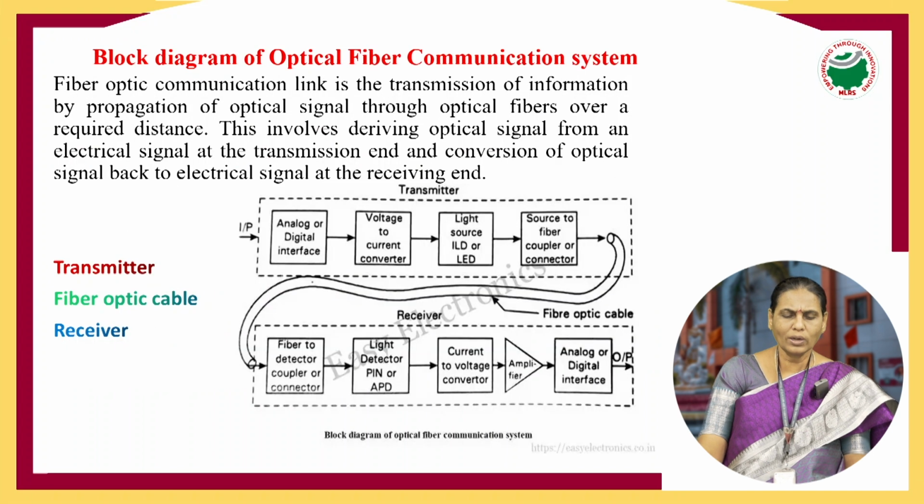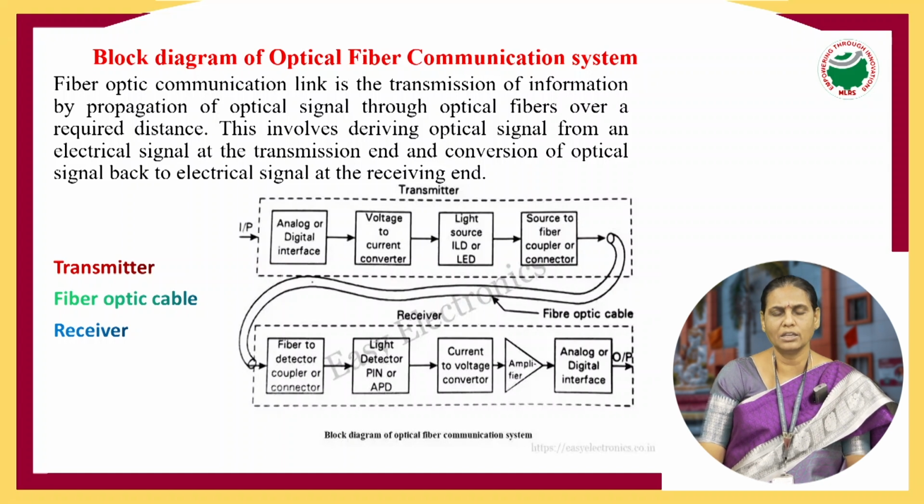Okay, next we have the last one. The last thing is, what is the block diagram of an optical communication system? That is nothing but how an optical communication system works. Now, this is the block diagram. Before this, an optical fiber communication system consists of 5 main components.